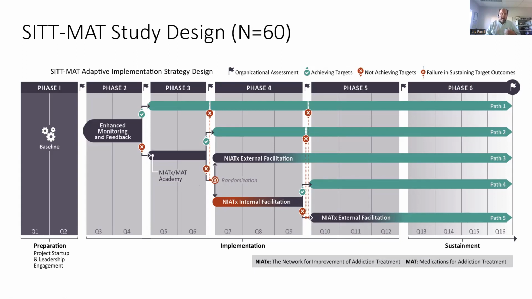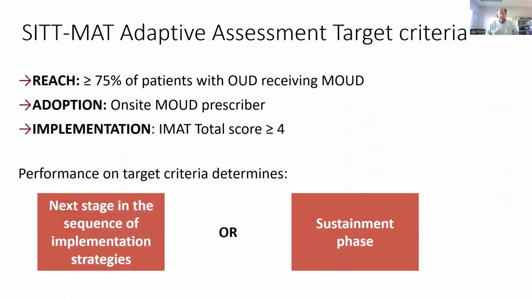But at the heart of the approach are some of the basic tools and techniques that we're looking at from the perspective of a health systems engineer. So just to look at the adoption criteria, these are the criteria that determine whether or not they go to the next sequence of implementation strategies or the sustainment phase. 75% of patients with an OUD are getting a medication.